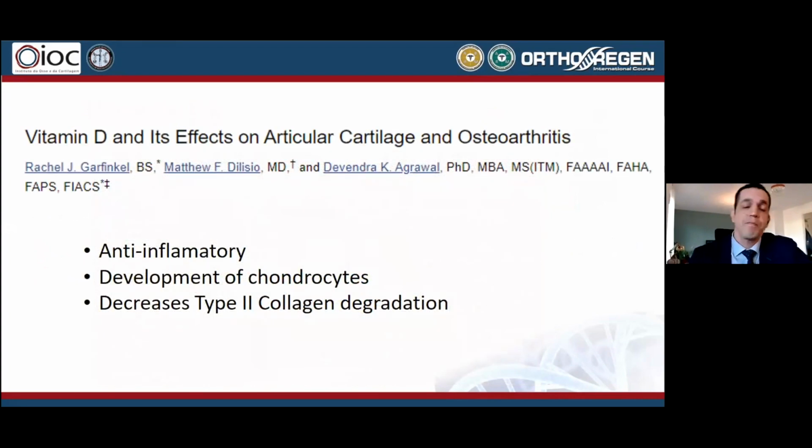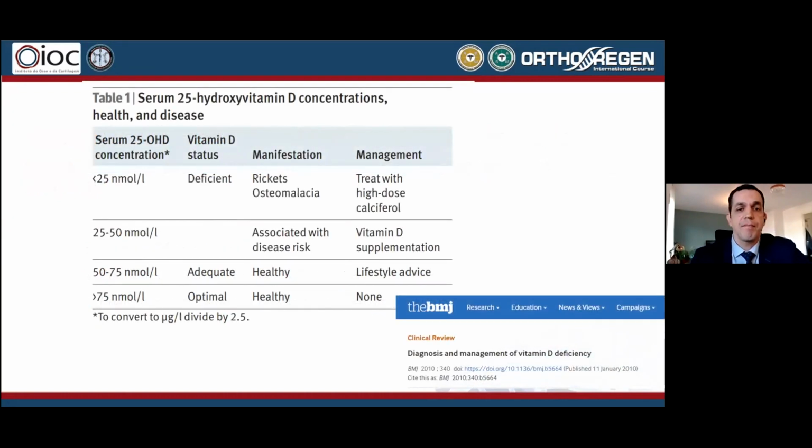The level of vitamin D is very important also for our joints, and especially for the articular cartilage. It has anti-inflammatory properties, and it's important for the development of the chondrocytes. It also decreases collagen type 2 degradation in our joints.